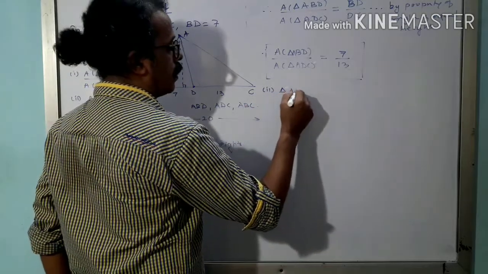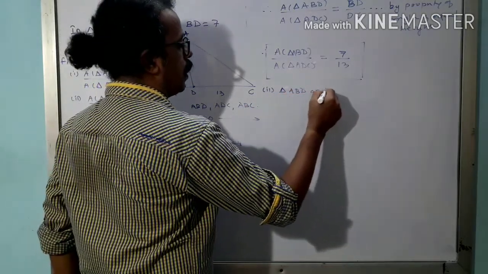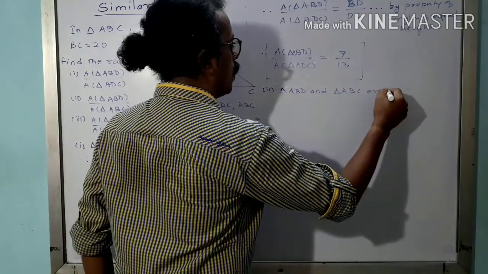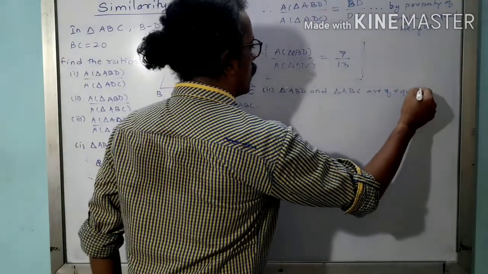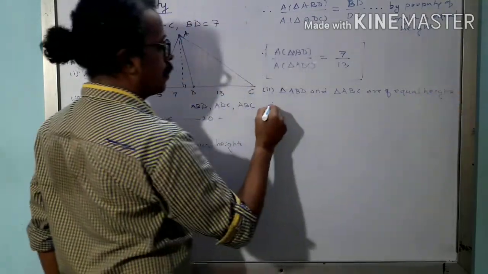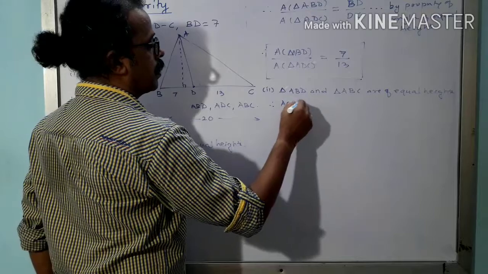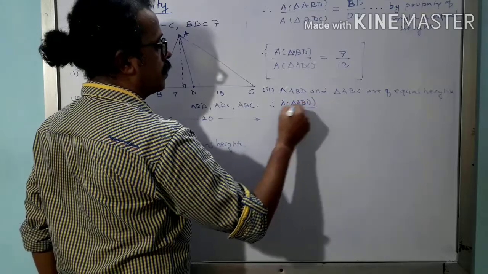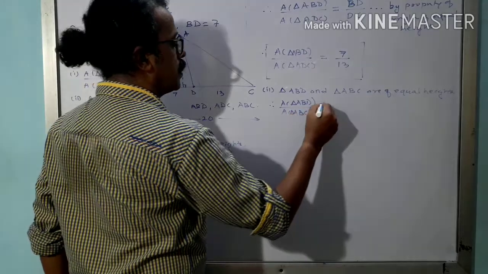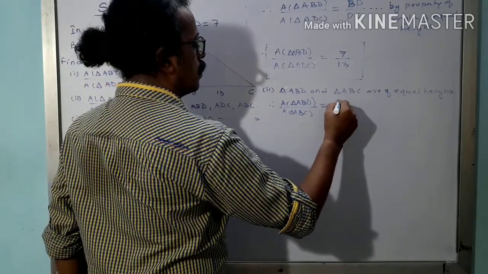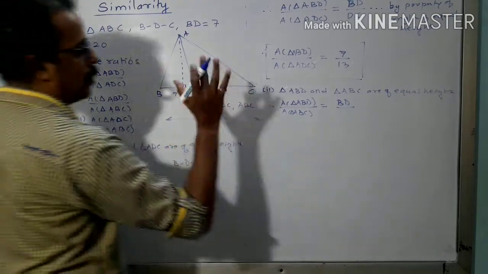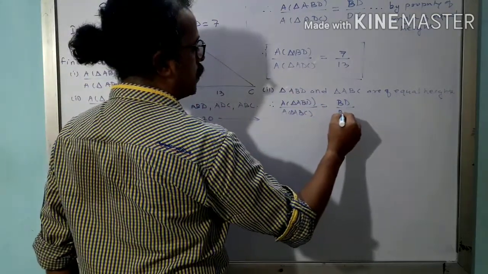Triangle ABD and triangle ABC are of equal heights. Therefore, area of triangle ABD upon area of triangle ABC is equal to BD upon BC.